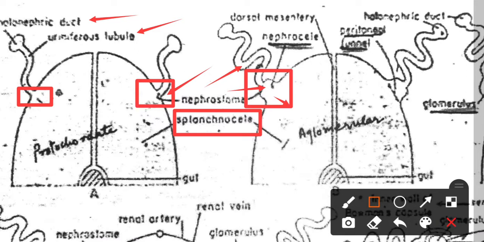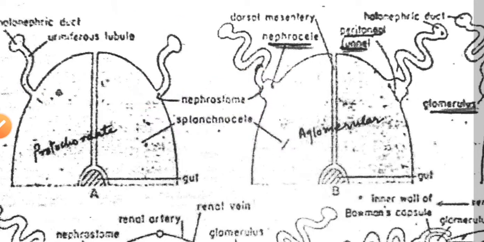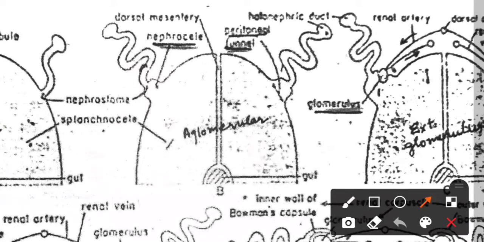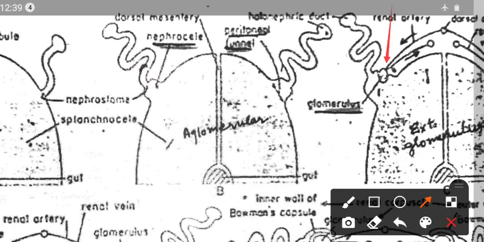Now, if we go further out of this aglomerular stage, we had the formation of the glomeruli. Here you can see we have a glomerulus formed.